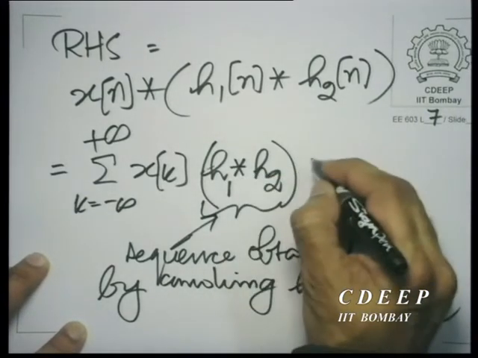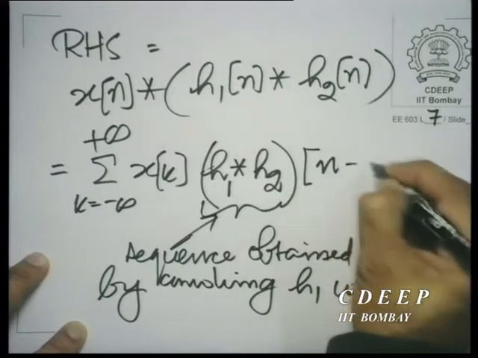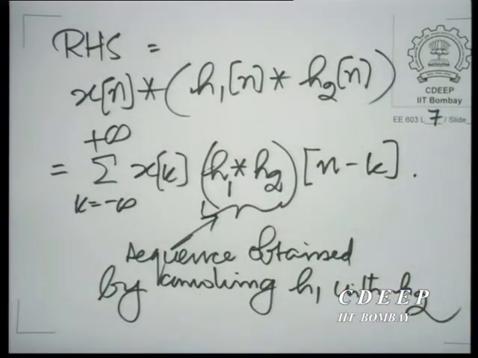This sequence evaluated at n minus k. Is that right? Whatever that sequence be. Now, when you evaluate that sequence at n minus k, we know how to write the expression for the n minus kth sample of that sequence. We need to use a summation to write that sample as well.